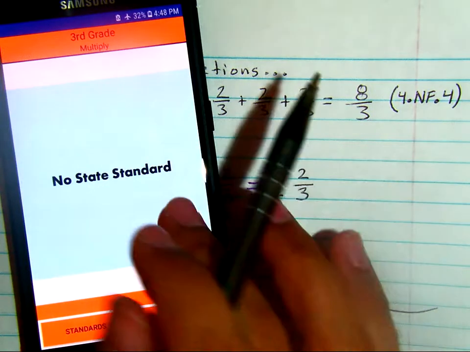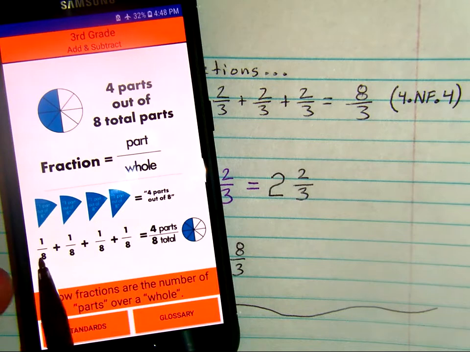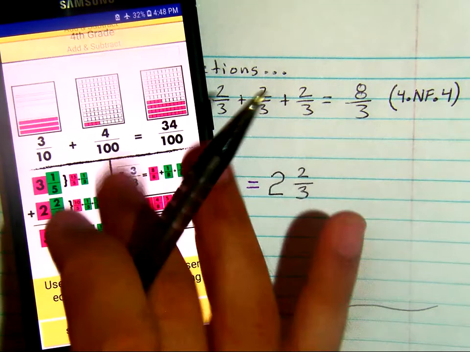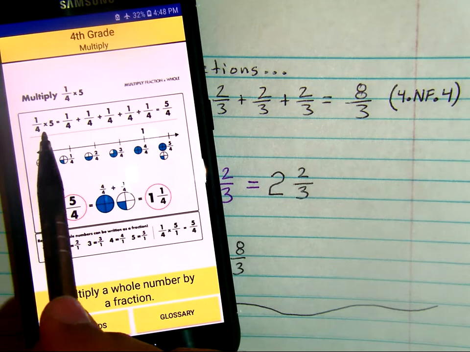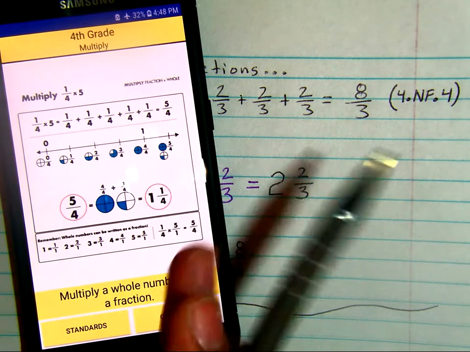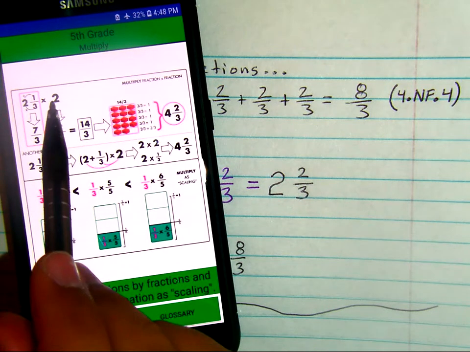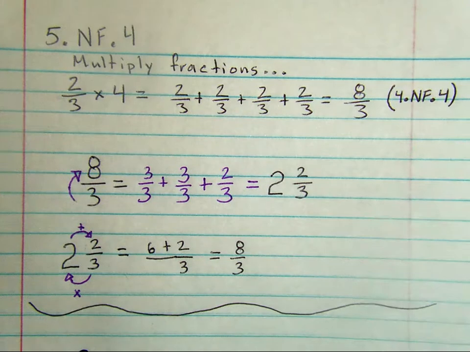For the same reason that in 3rd grade, they don't introduce multiplication, they introduce addition of parts over a total, right? So in 4th grade, when they start introducing multiplication, they start using the term multiplication for what it is that we talked about in 3rd grade, so that in 5th grade, you can begin understanding the more complex manipulations of fractions for the purpose of multiplication.